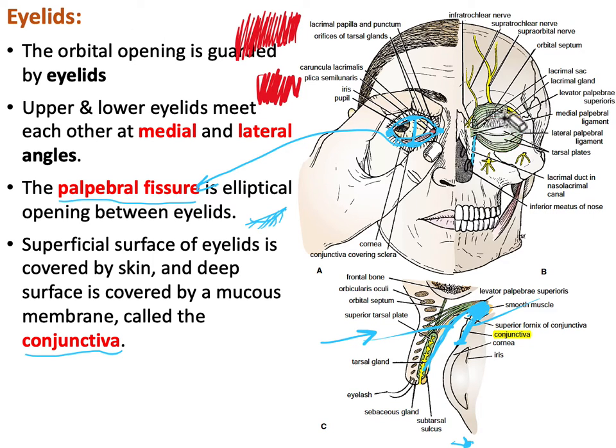Now let me erase it. The tarsal plates, as you see here, upper and lower, are connected medially and laterally by the medial and lateral palpebral ligaments. Very simple.